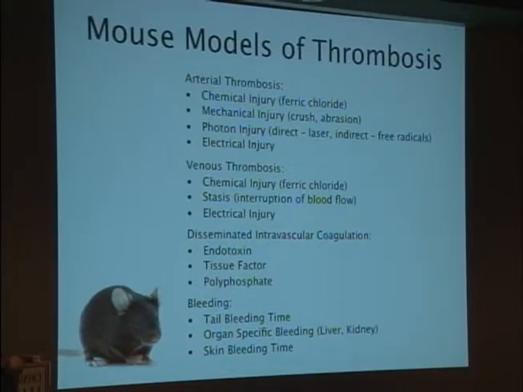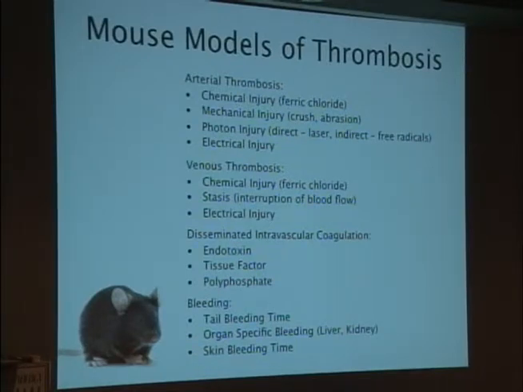For venous thrombosis, you can use ferric chloride, but in my mind, the venous thrombosis models are not optimal. When you use venous injury, chemical or electrical, you end up getting a clot that looks very much like an arterial injury in a mouse: very rich in platelets, relatively depleted in red cells.